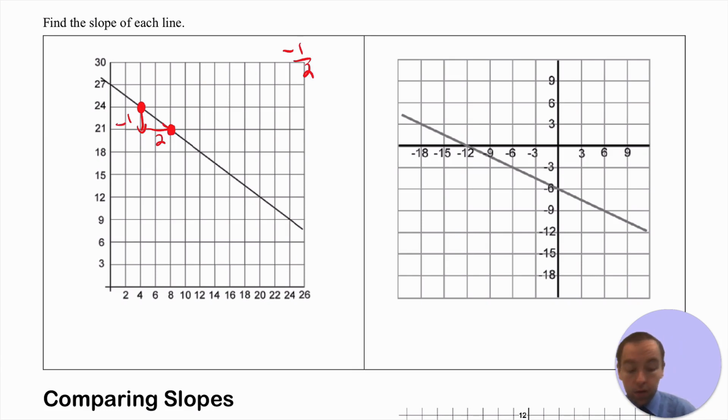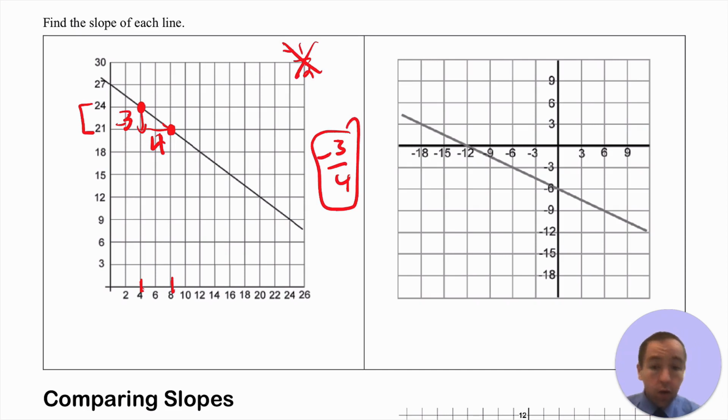It's really important that you take a look at the way things are labeled, because right there you have 24 and 21. So actually we didn't go down 1 unit, we went down 3 units. And if we look at the x coordinates, we went between 4 and 8. So we didn't travel a distance of 2, we traveled a distance of 4. So the correct answer for the slope is -3/4.